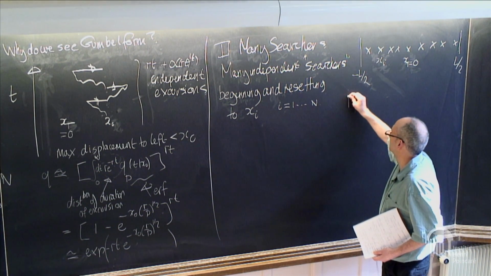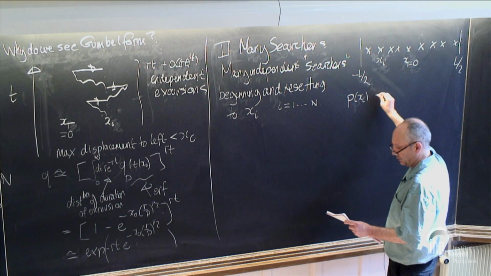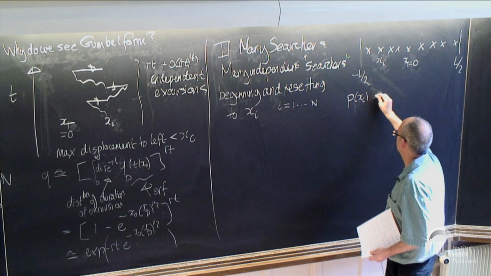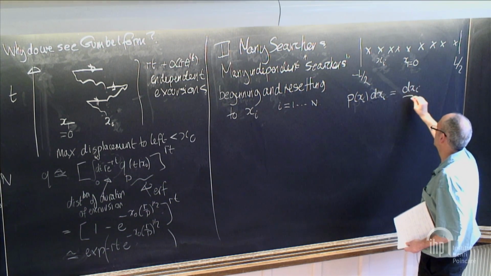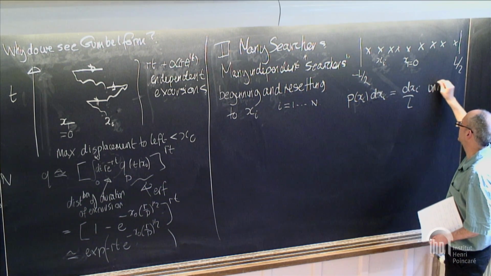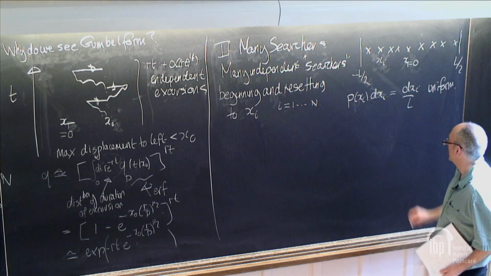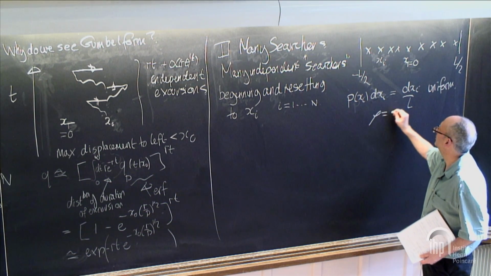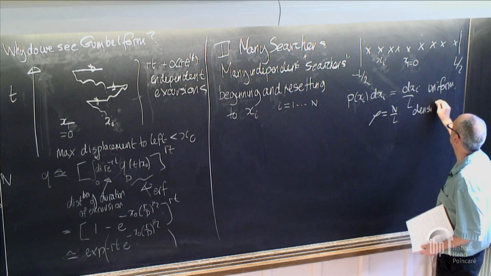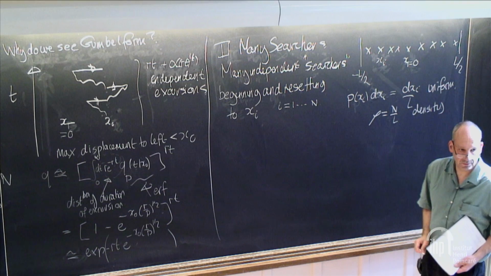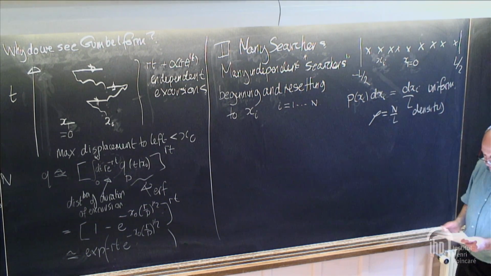So we'll take the probability distribution for xi, so p of xi, d xi. So they're uniformly distributed. And rho will be n over L, the density of searchers. And we're going to take the limit n goes to infinity and L goes to infinity.